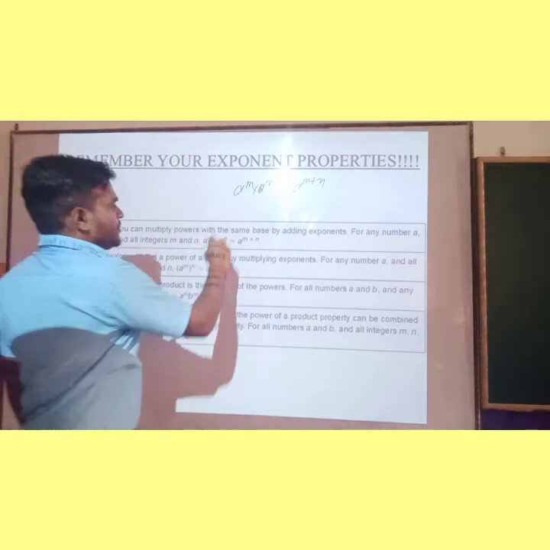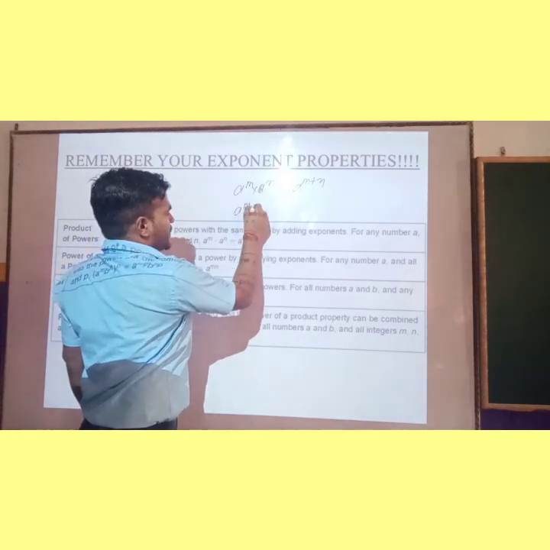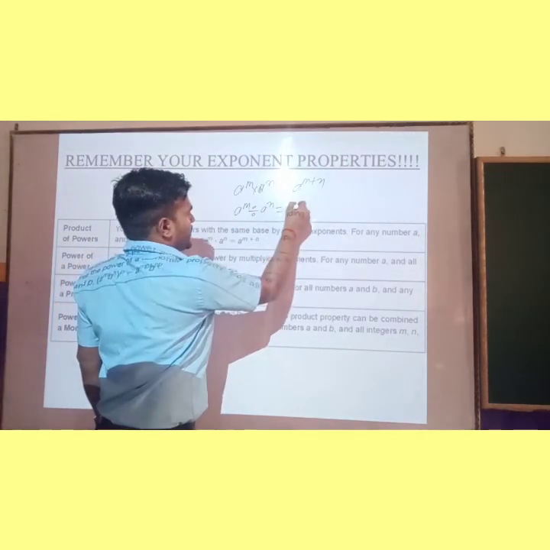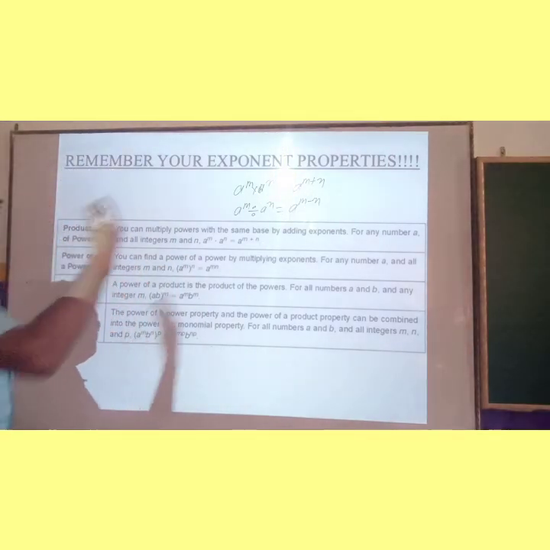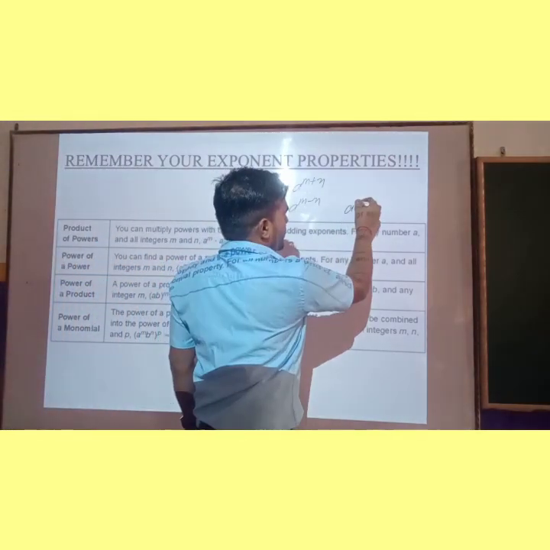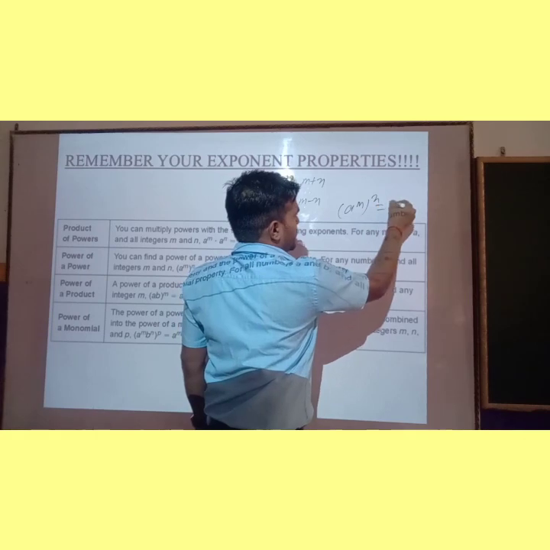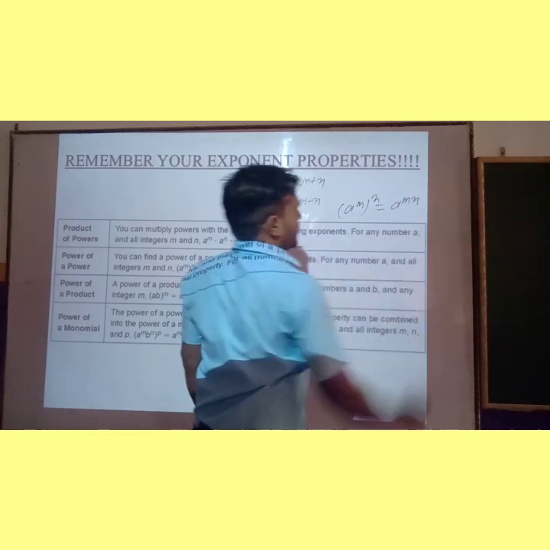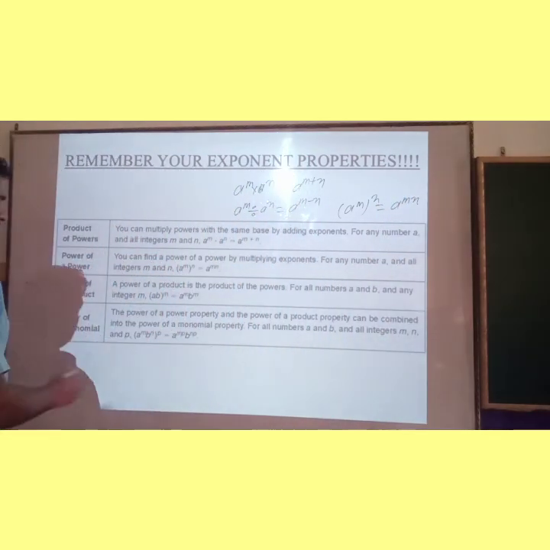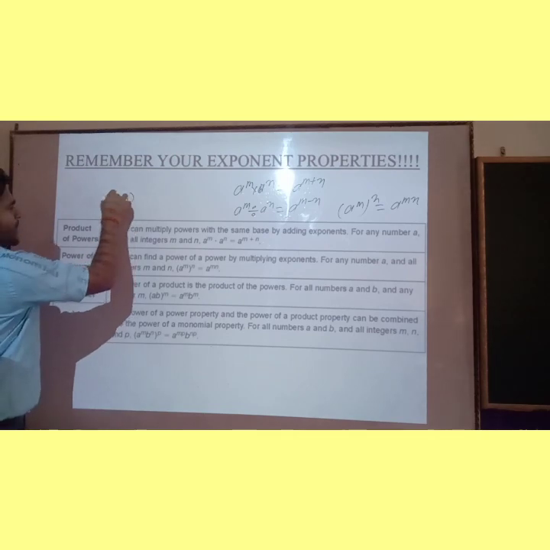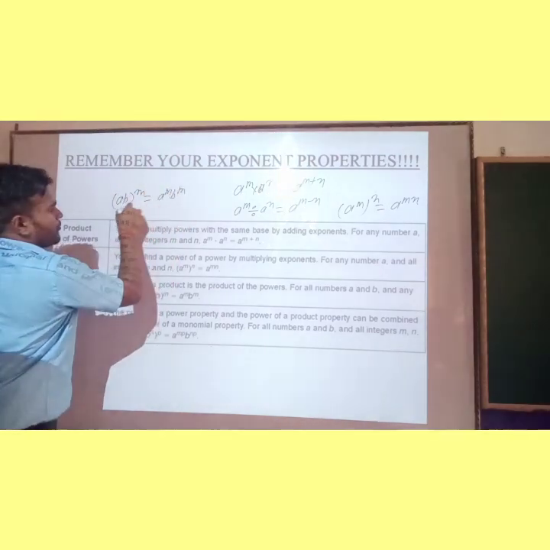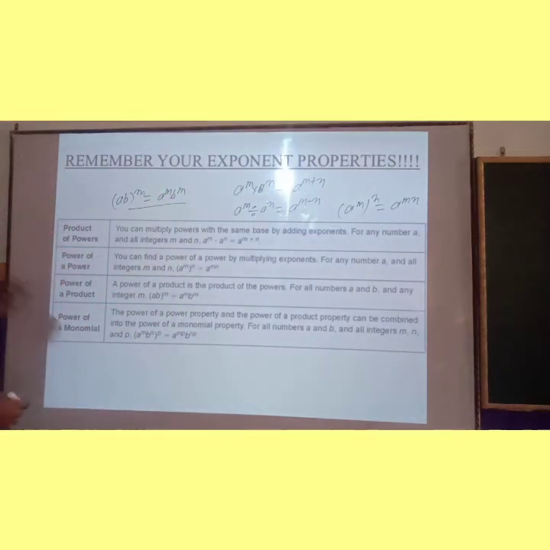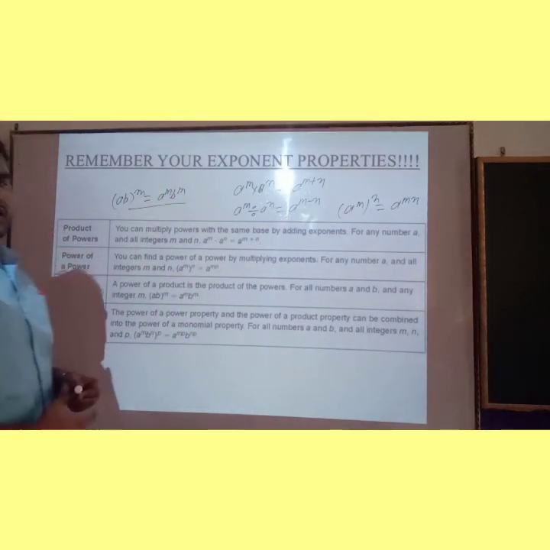In the case of division, a power m divided by a power n, that will be a power m minus n. If power of power, means a power m whole power n, that will be a power mn. And if ab whole power m, that will be a power m and b power m. This formula we have to recall.